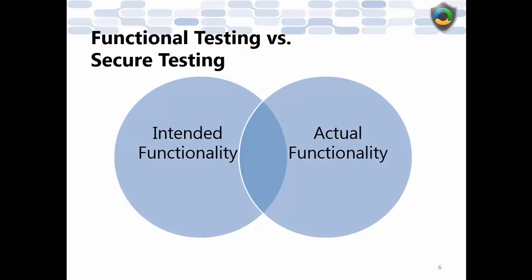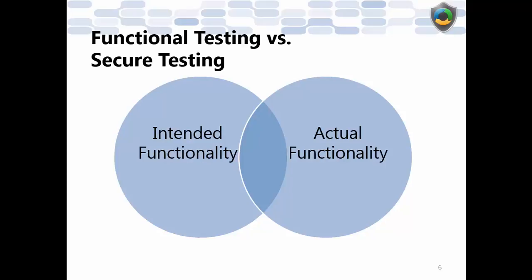So as we look at these two circles that you see right here, let's focus our attention on what's on this slide. The circle on the left corresponds to the intended functionality of the application. This is the functionality that the original designers had envisioned for the app. The circle on the right corresponds to the actual implemented functionality of the application.